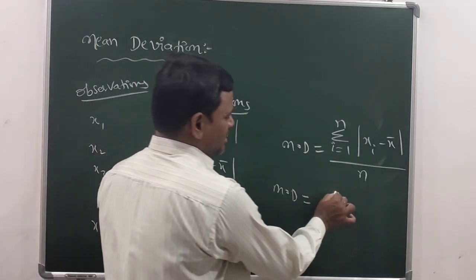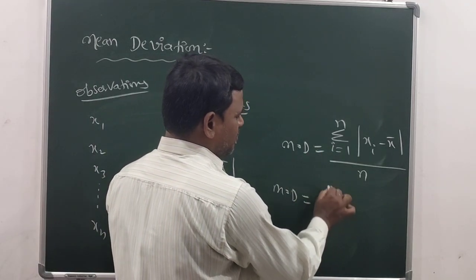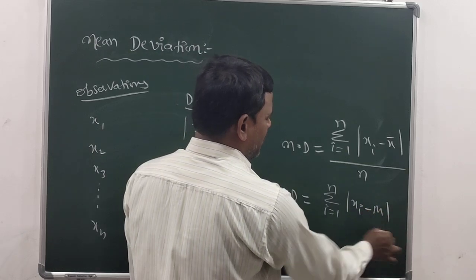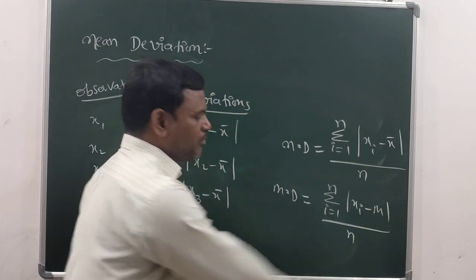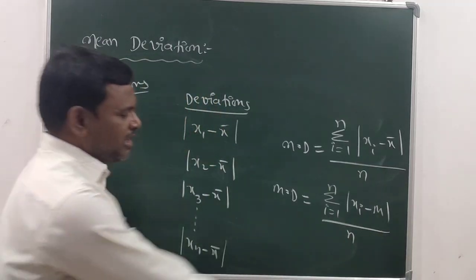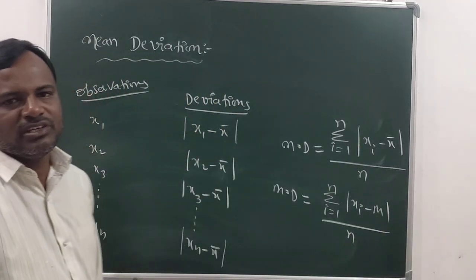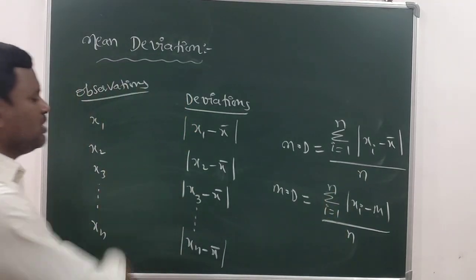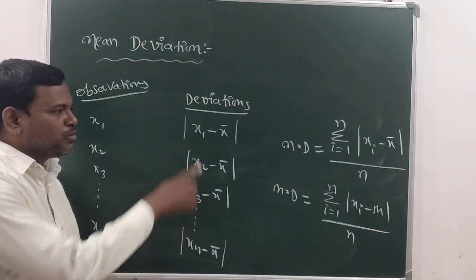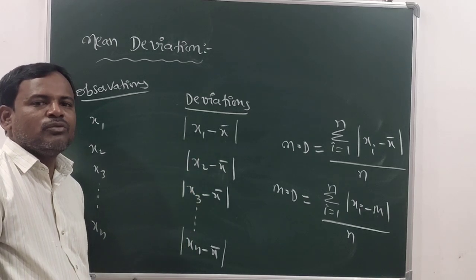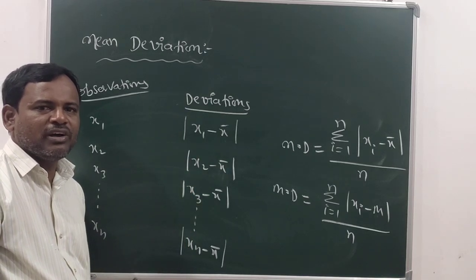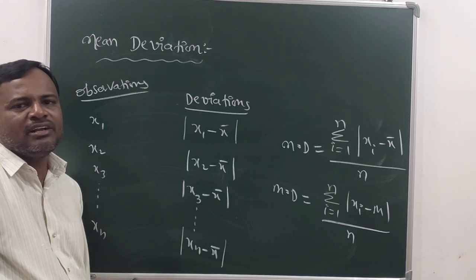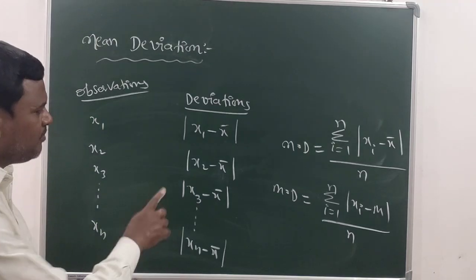So write summation i runs from 1 to n, mod of xi minus capital M, by n, where M represents the median of the data, n represents the number of observations, and xi, i runs from 1 to n, are the given observations. Those are the two formulas which we use to find mean deviation from the mean and from the median for the ungrouped data.